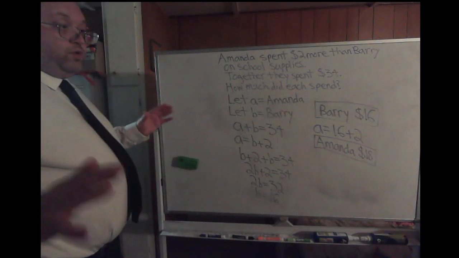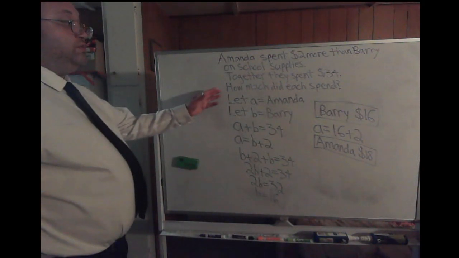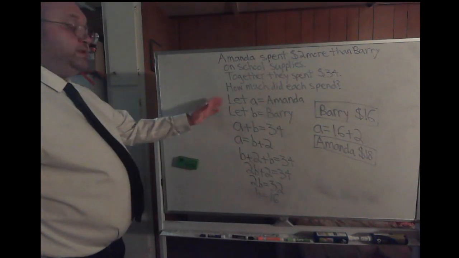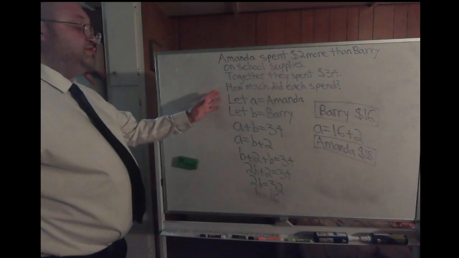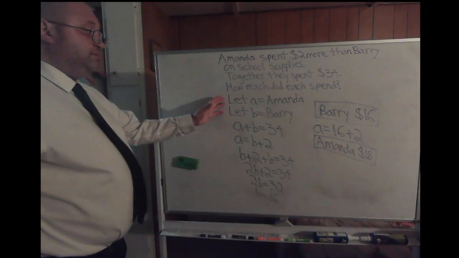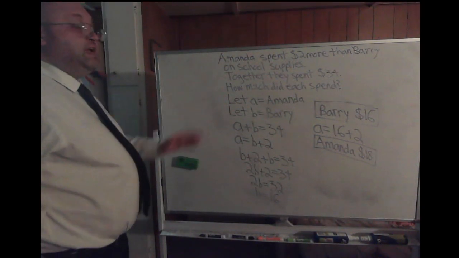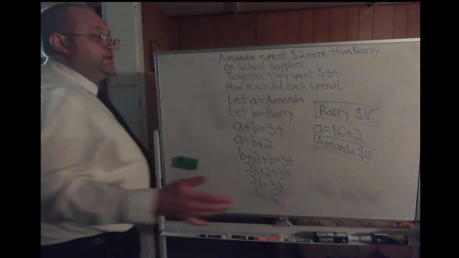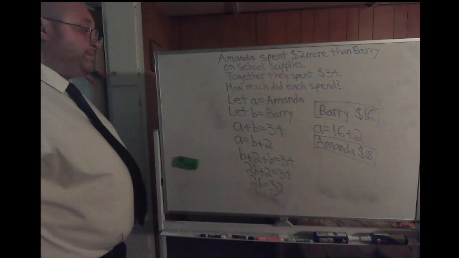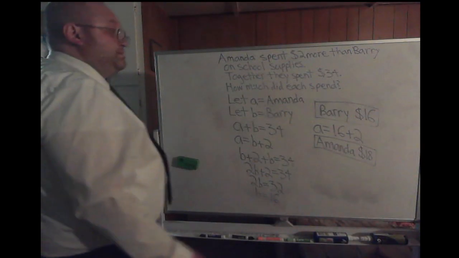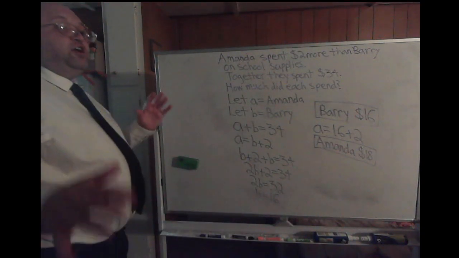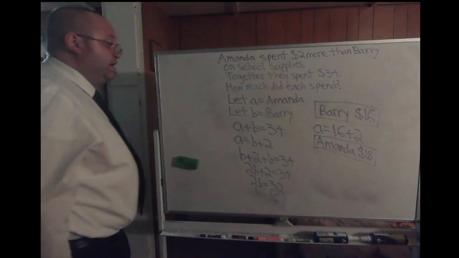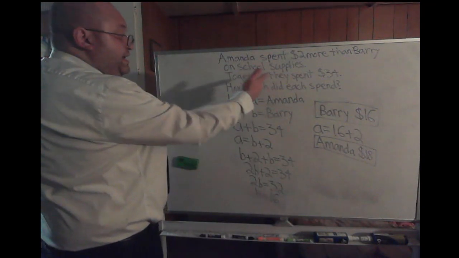So, whenever you're given a word problem, start out, read the problem, see what you need. Always use let statements to define what your variables are, who, pick variables that make sense, like A for Amanda, B for Barry. Those make sense. And sometimes the first sentence isn't always what you start with. I mean, you can if you want, but it can make your life harder. Always look for together statements.